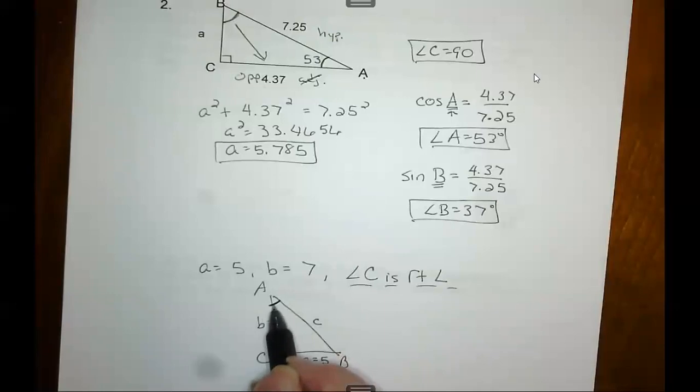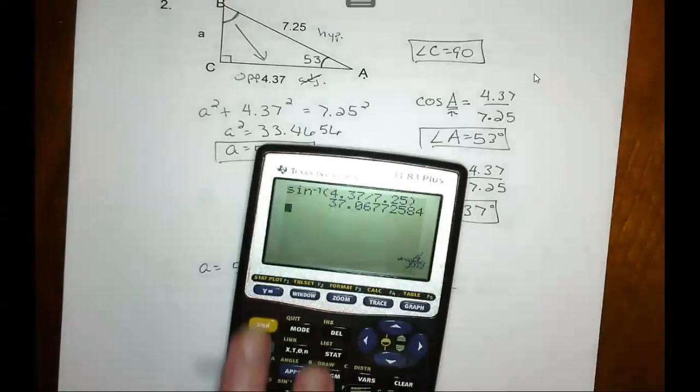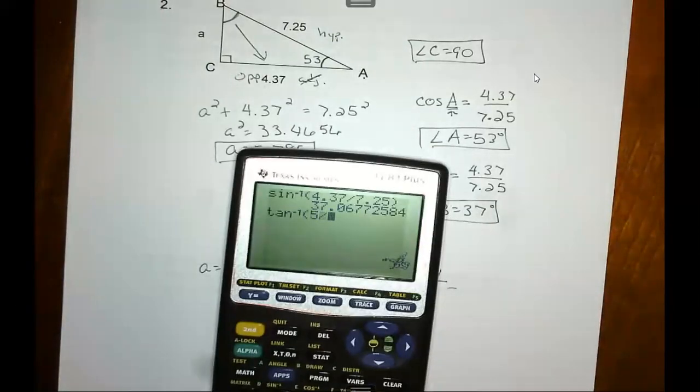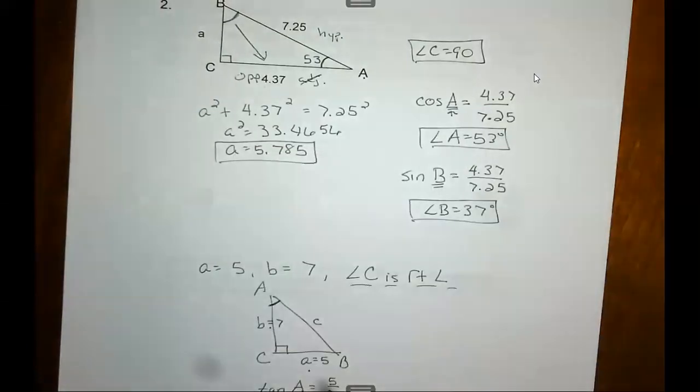If I want to use angle A, this would be my opposite. This is the adjacent. I don't know the hypotenuse. So opposite and adjacent would be tangent of A equals 5 over 7. And then I would do the arc tangent to find A. Arc tangent of 5 over 7. So 35.5 or 36 degrees.